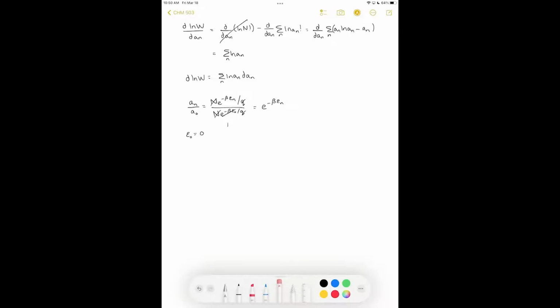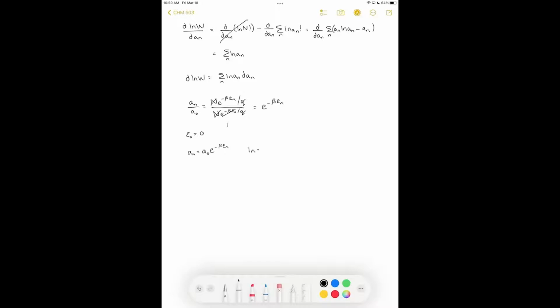What we can do with this is then say, okay, well, we have our a_n. Our a_n is therefore equal to a_0 e to the minus beta epsilon_n, and we can plug that into our expression for the natural log of a_n.